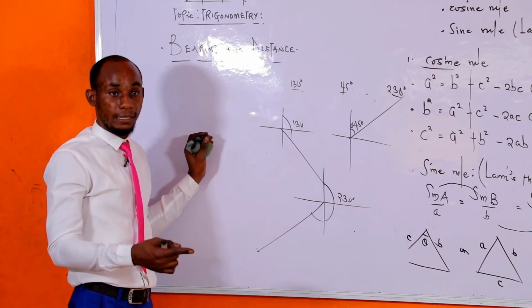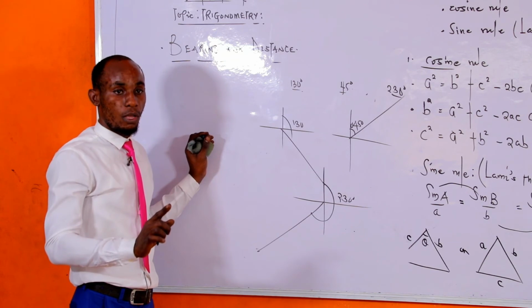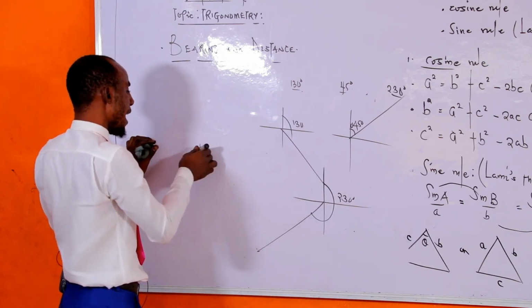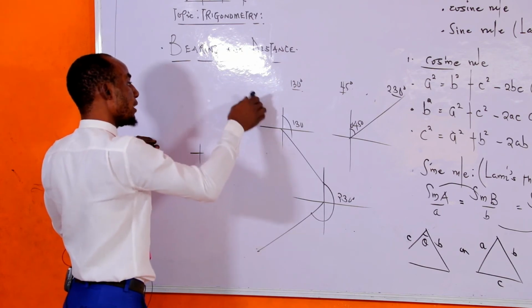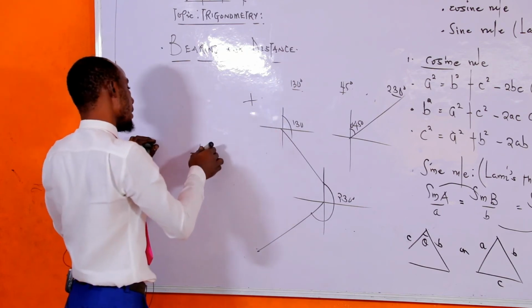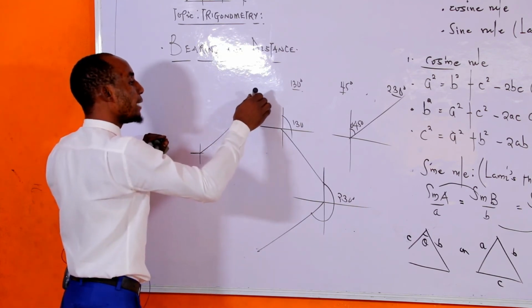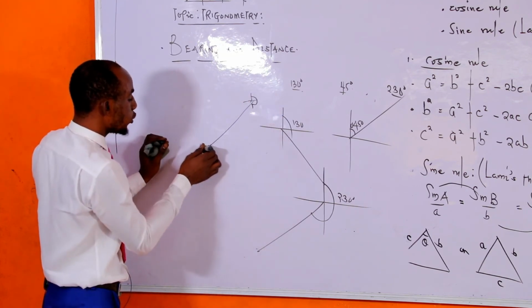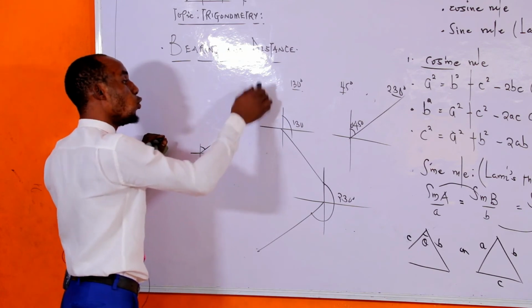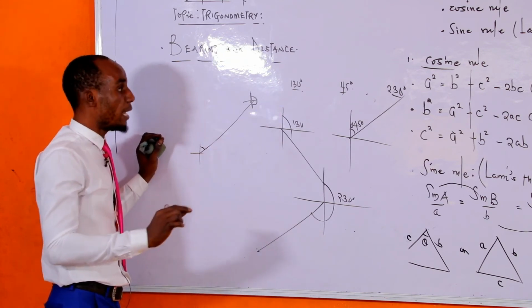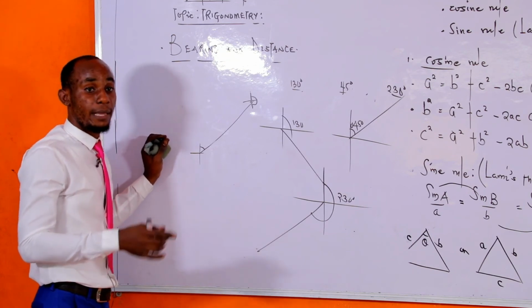Once you can know that, that is all. And let me remind you that when you have two points like this, the line connecting them is always where you stop when you are taking your bearing. Those are the three things you need to know so well about your two-unit bearing.